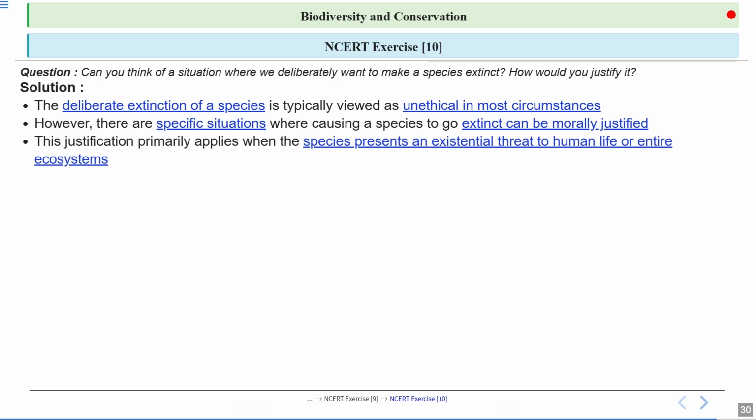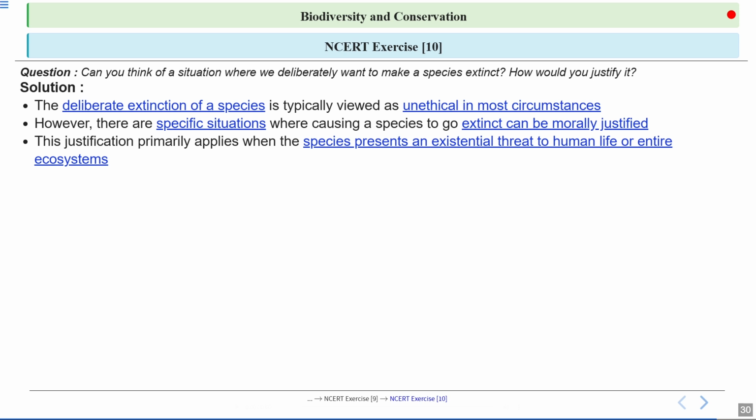Now, this justification primarily applies when the species presents an essential threat to human life or the entire ecosystem. So this we have already discussed. So a species can only be made extinct when it is posing a threat to human life or the entire ecosystem.